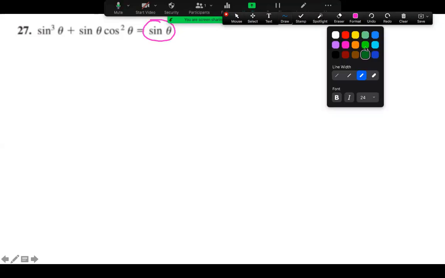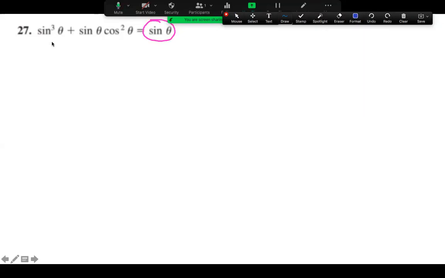So I'm going to take a look here and notice that we have sine cubed theta, and over here we have sine theta cosine squared theta. Similar to one of the previous problems, I noticed that I have sine common to both terms. So one of my best strategies is if I have a common term, I'm going to factor it out.